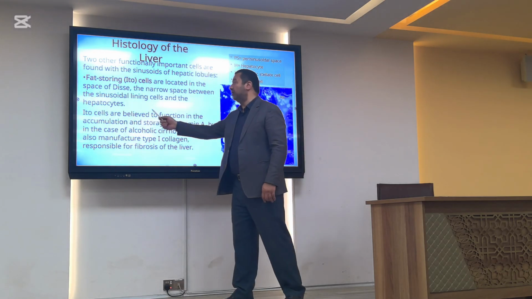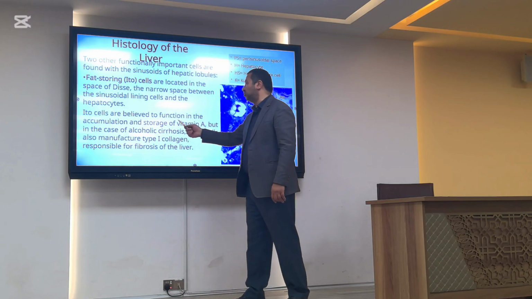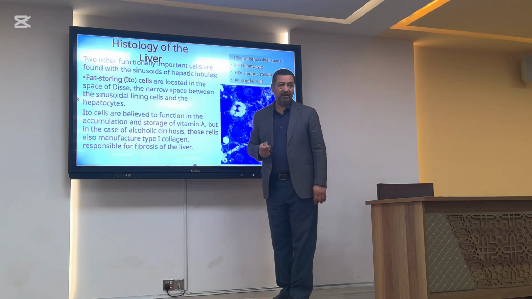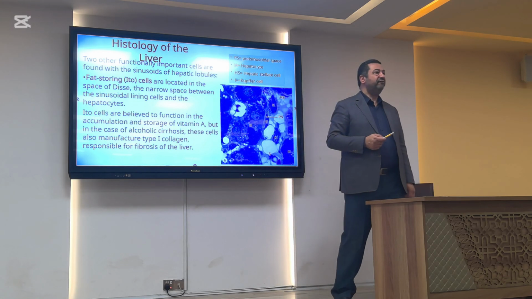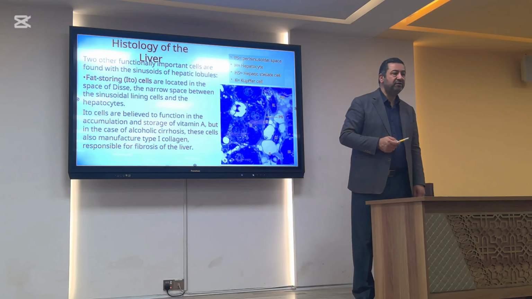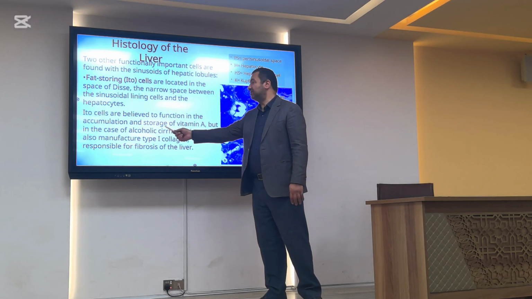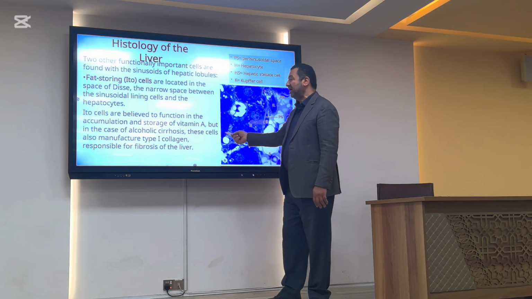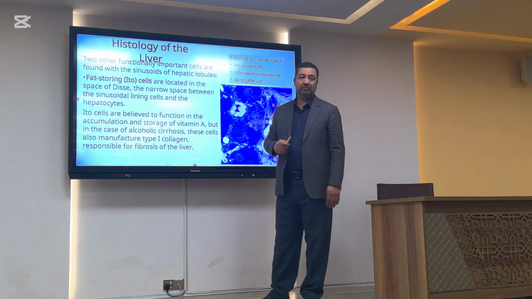Ito cells are believed to function in the accumulation and storage of vitamin A. Okay? This is the cell for storage of vitamin A. But in the case of alcoholic cirrhosis, these cells also manufacture type 1 collagen.